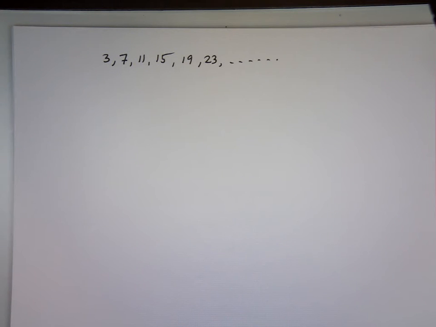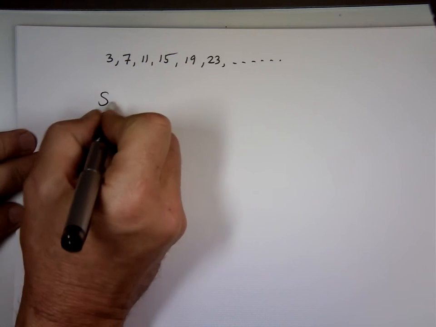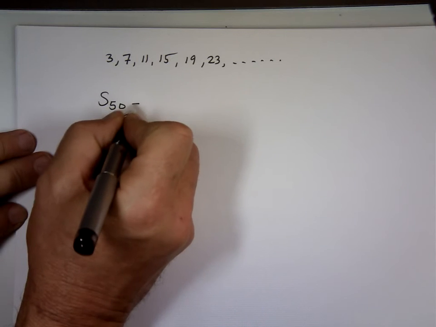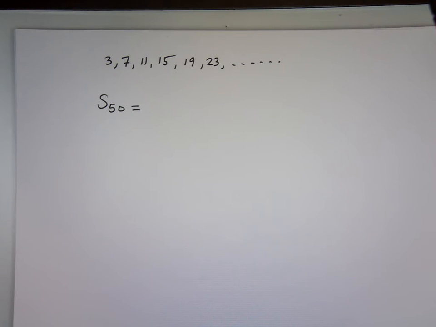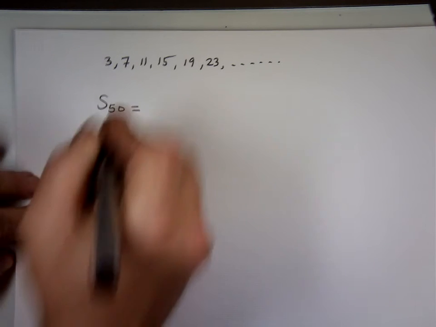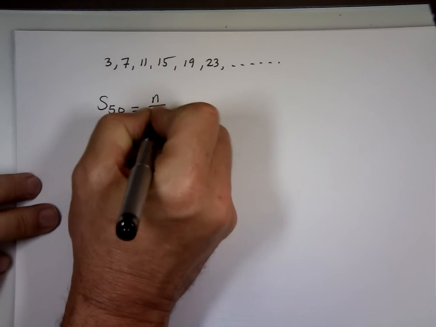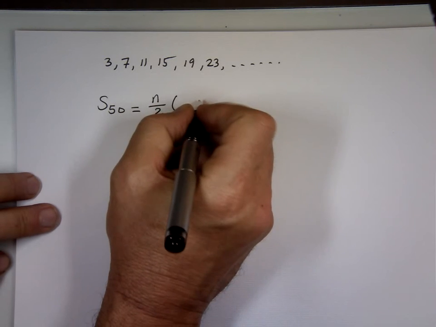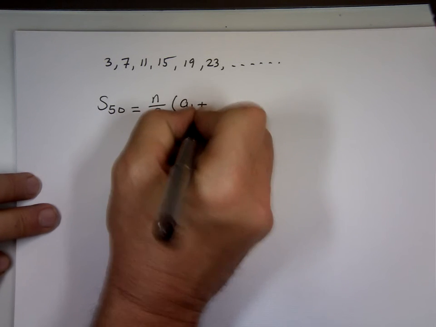Can you tell me the sum of the first 50 numbers? Now the equation says, oh, that's easy. N over 2 times A1 plus A50.